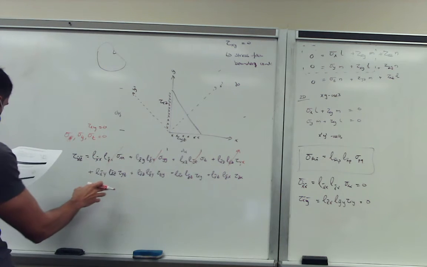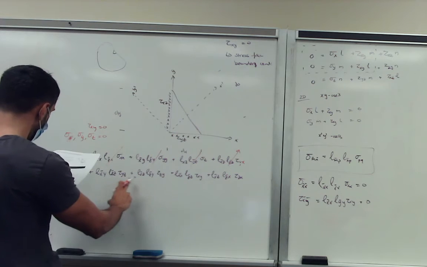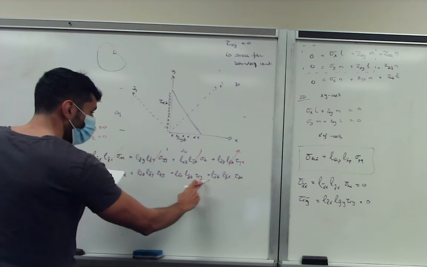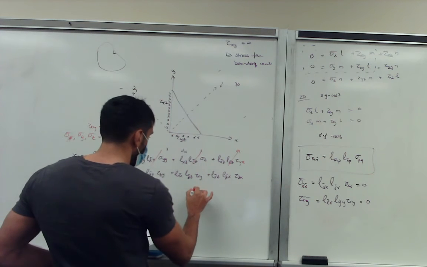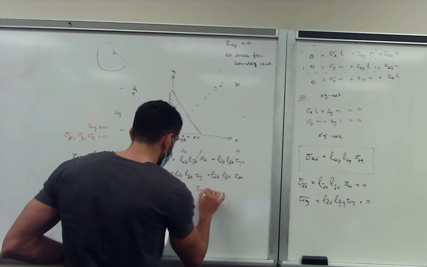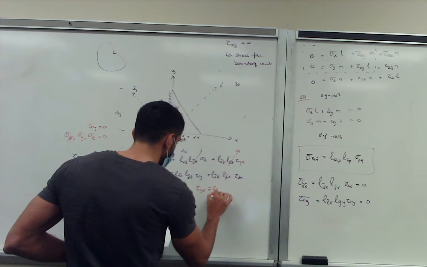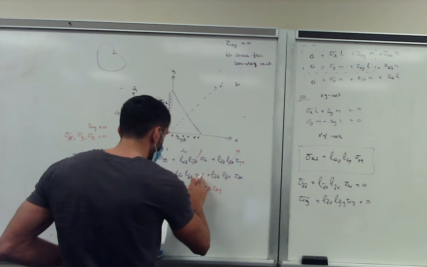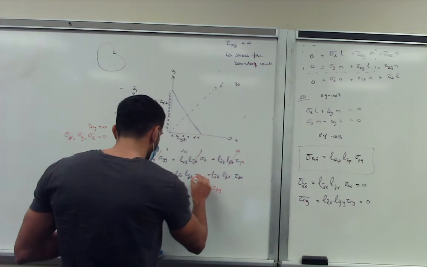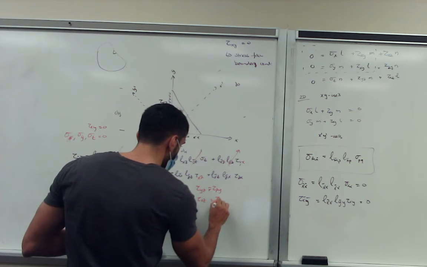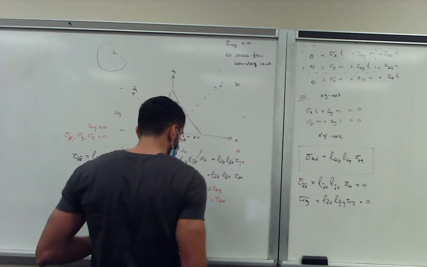And then we are left over with the tau yz here, tau zy, tau xz, and tau zx. And we also know that our stresses are symmetric, so tau yz is equal to tau zy and tau xz is equal to tau zx.